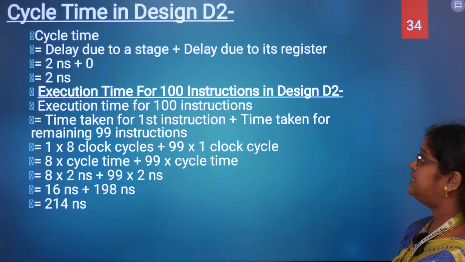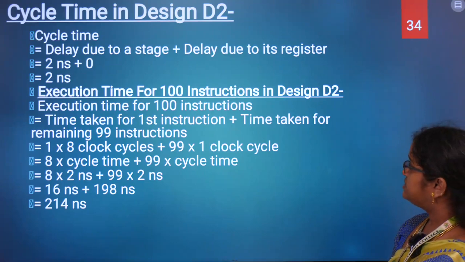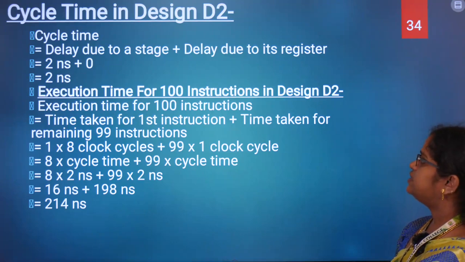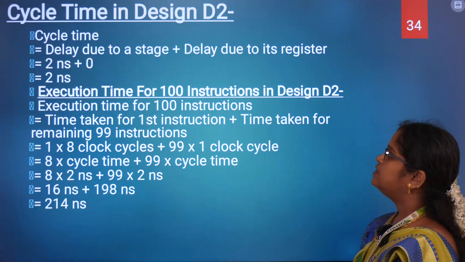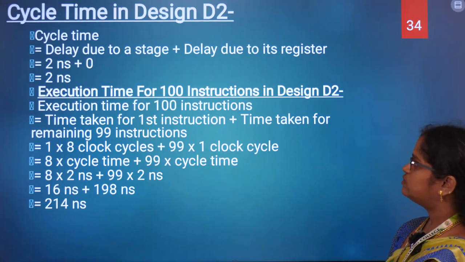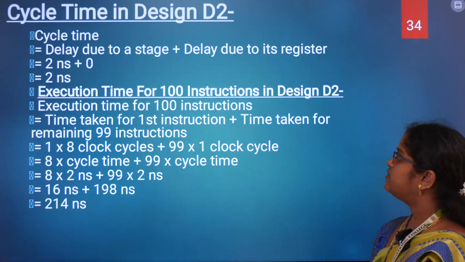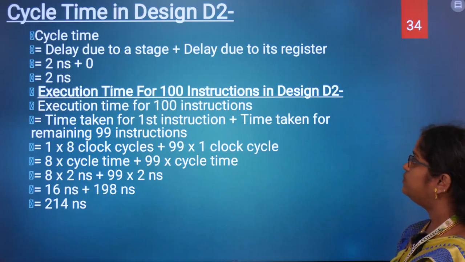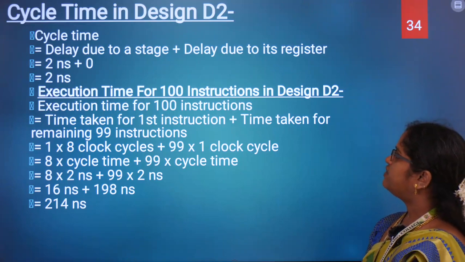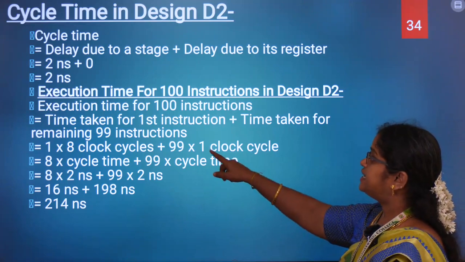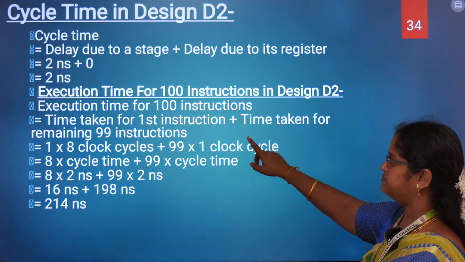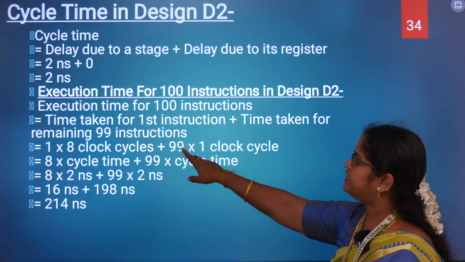Cycle time in design 2 is the delay due to the stage plus the register delay: 2ns plus 0, so finally 2ns. The stage delay is already given in the problem. Execution time for 100 instructions in design D2 uses the same method: time for the first instruction plus the remaining 99.